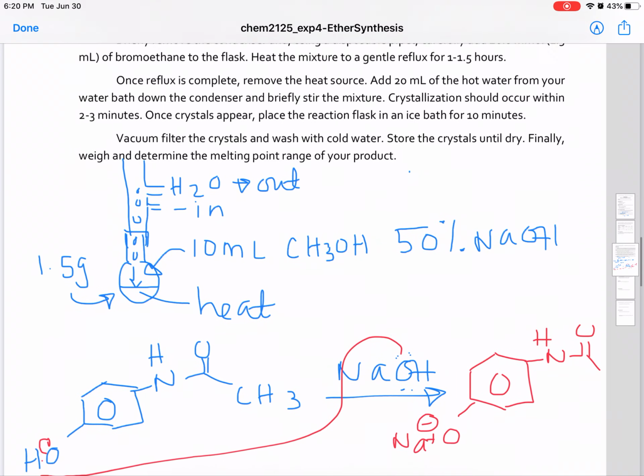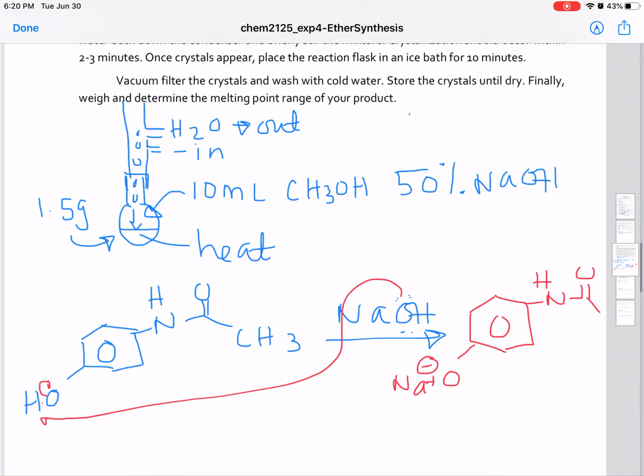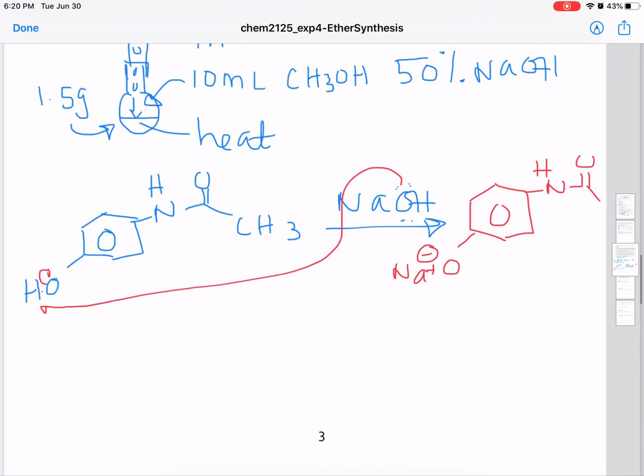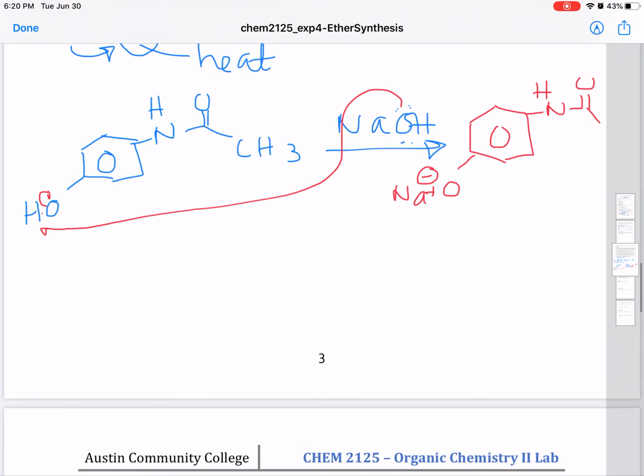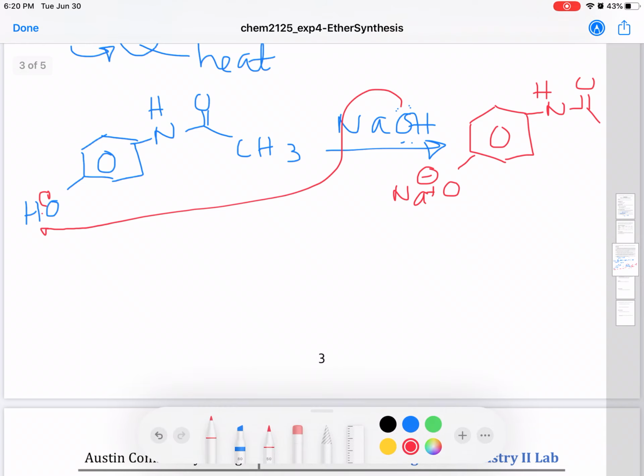So now I will show you what happened when you add bromoethane. Let's look at what's going to happen. Now you have this alkoxide ion made, and then you're going to be adding ethyl bromide, which is CH3CH2Br.